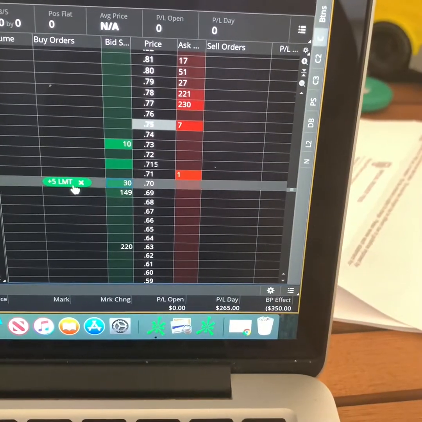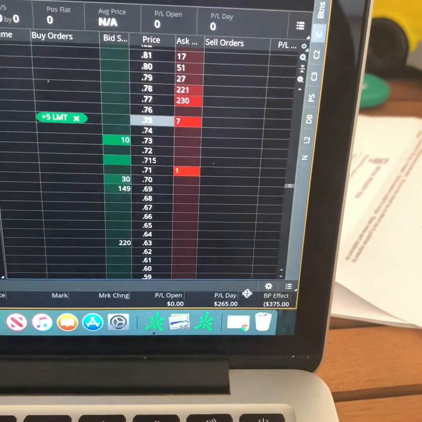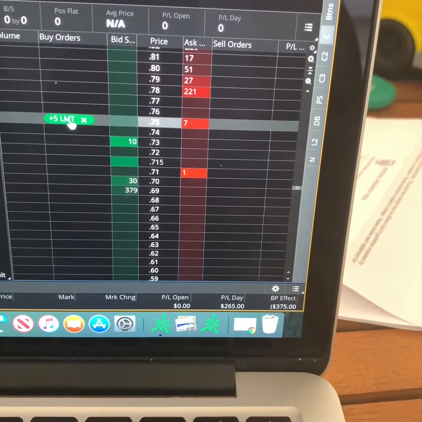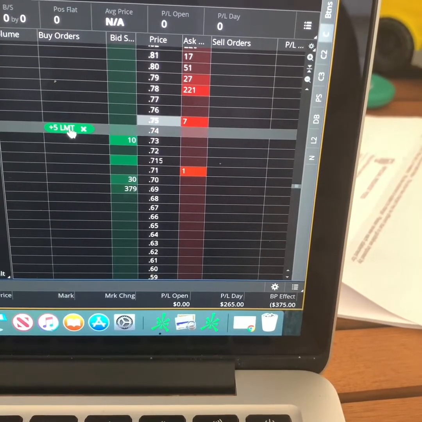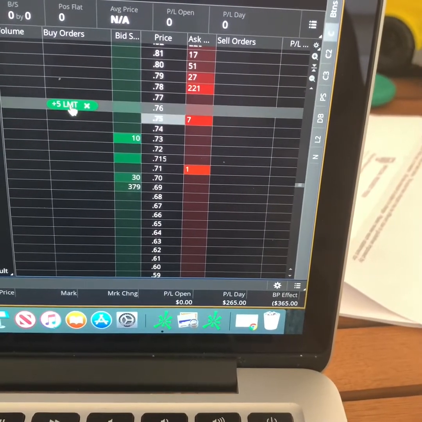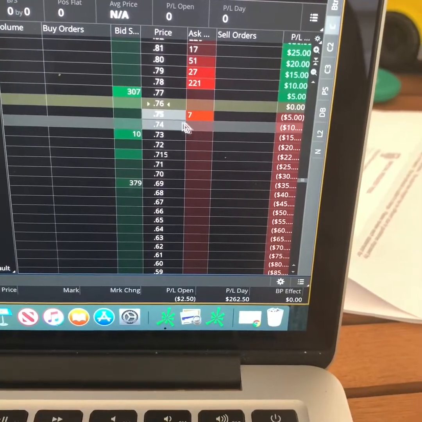It moved up, so when it moves up, I just move it up because I want it to fill. There you go. We filled that at 0.76.